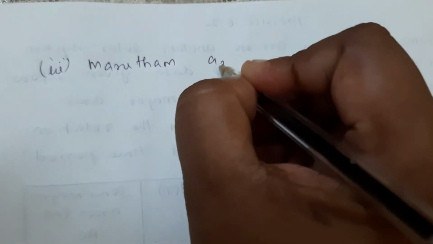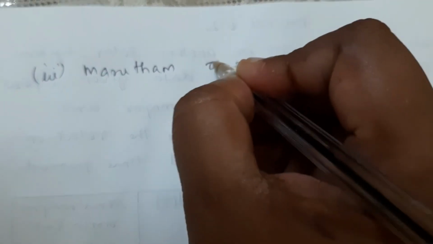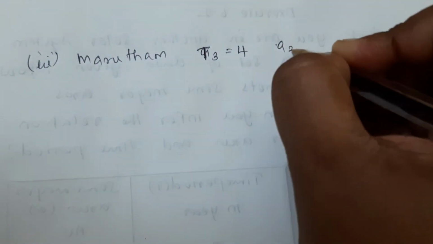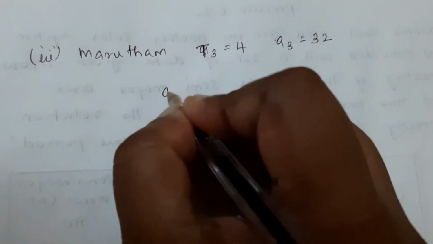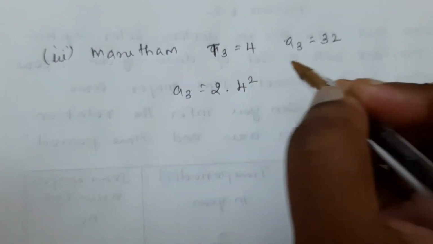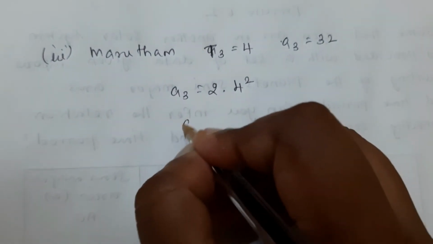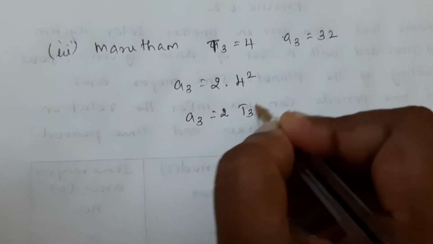Now for the third planet, Marudam. T3 is equal to 4 and A3 is equal to 32. So I can write A3 as 2 times 4 square. So A3 is equal to 2 times T3 square.